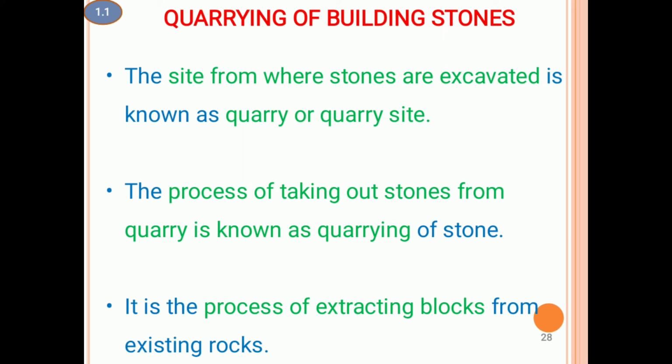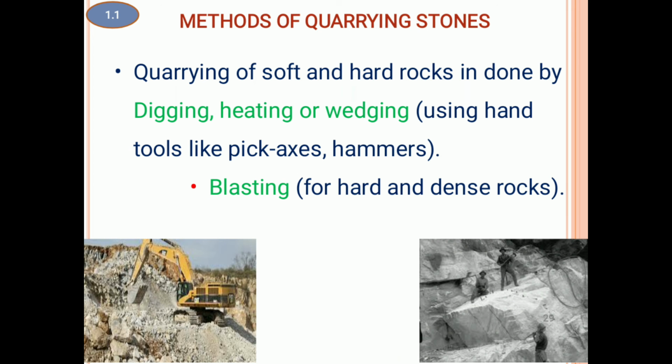So you should know that the place where stones are obtained from rocks is called the quarry, and quarrying is the process of extracting blocks from the existing rocks. This figure clearly shows how a quarry place will be. We have various processes like digging, heating, wedging, and blasting.